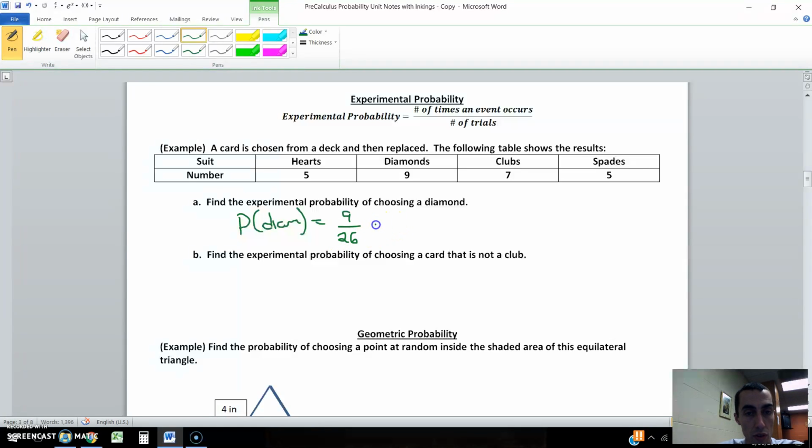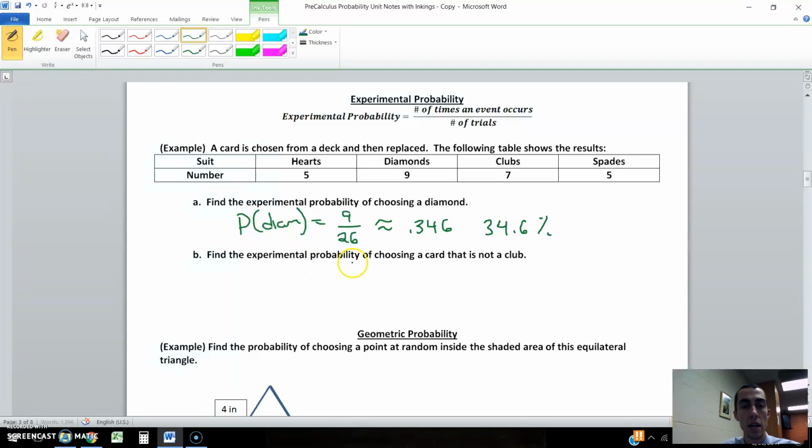So 9/26, which is in simplest form. If we needed to give a decimal, we would give 0.346 approximately, or approximately 34.6%. So in this experiment, it happened more often than was theoretically probable to draw a diamond.